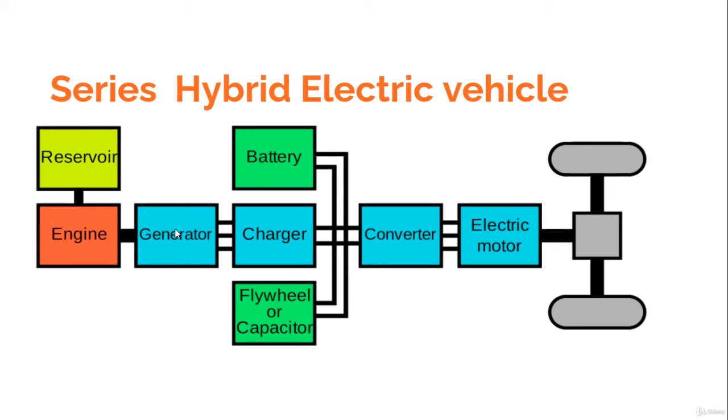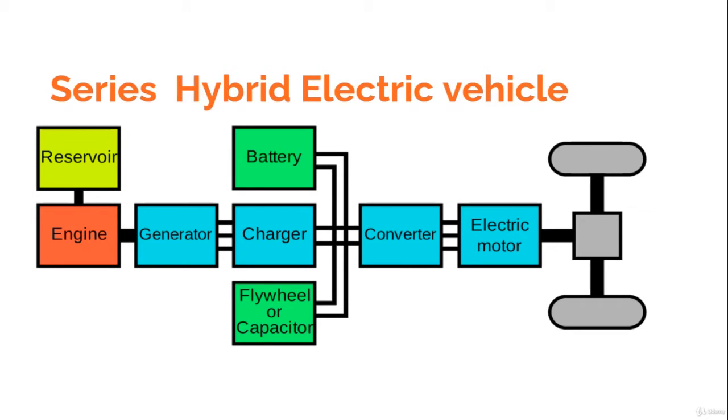The engine which runs the generator provides the electrical power. It can be put as an electric vehicle that is assisted by an engine generator. So from the figure, it is clear that this is assisted by an engine generator.